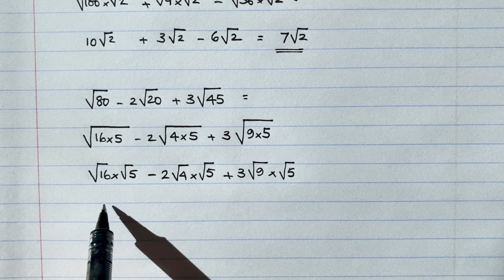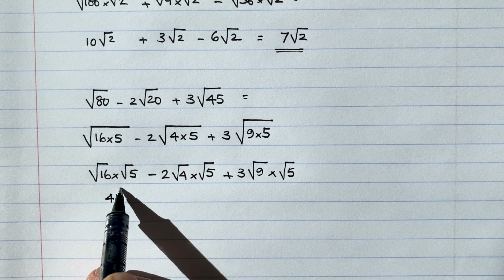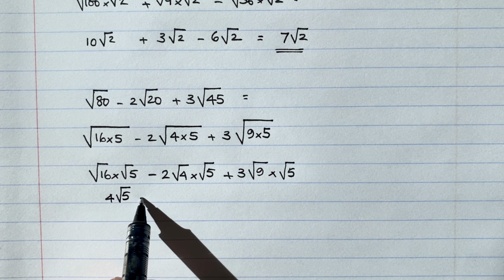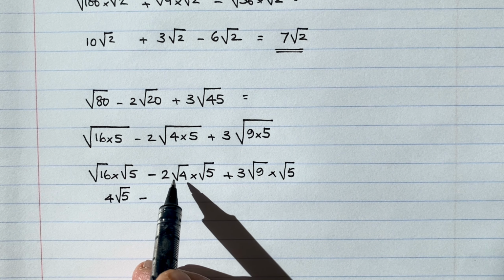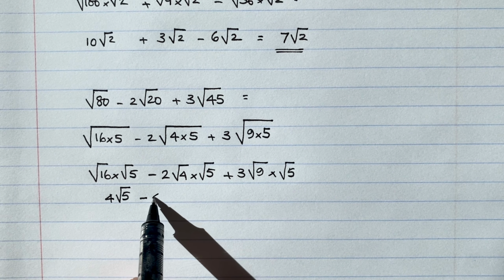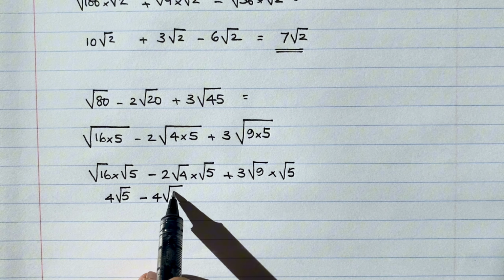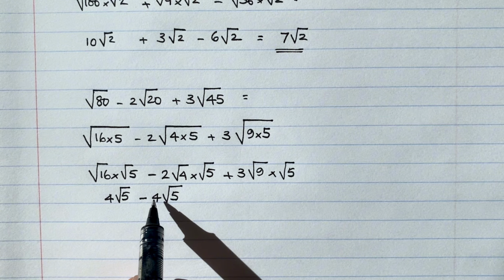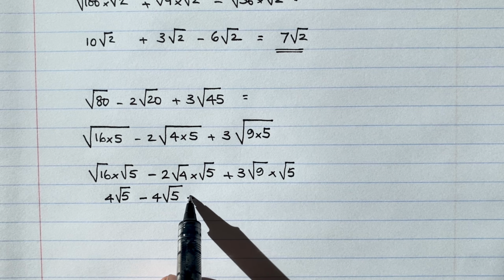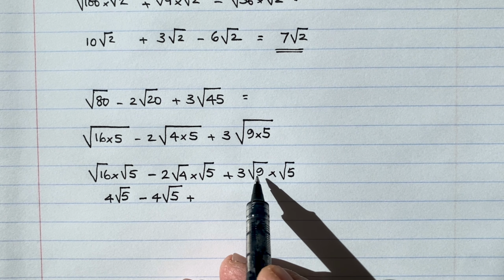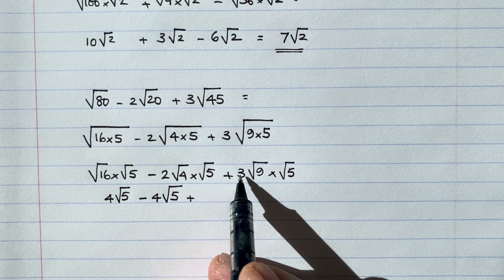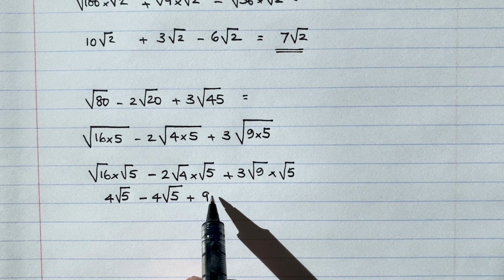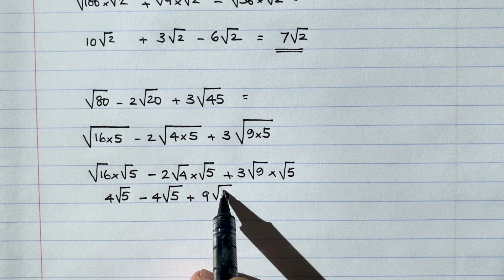Root 16 is 4, so we have 4 root 5 here. Root of 4 is 2, times this 2 makes 4. Root of 9 is 3. And I'm multiplying it by 3, so 3 times 3 becomes 9 root of 5.